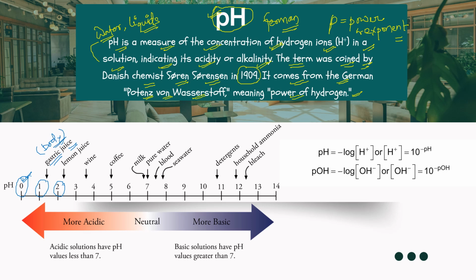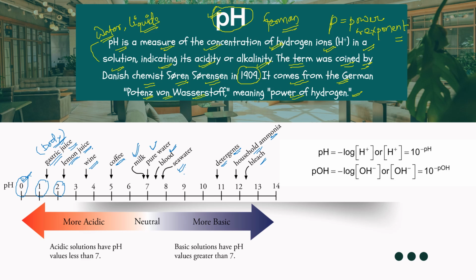Then at 2 it is lemon juice, at 3 to 4 it is wine, at 5 it is coffee, at 6 to 7 it is milk, pure water, and blood. Above 7 and around 8 is sea water also. So basically these are the typical pH values we see for different materials. Then from 10 to 11 we have detergent, and at 12 it is household ammonia and bleach.